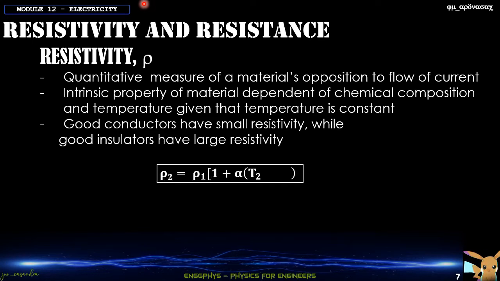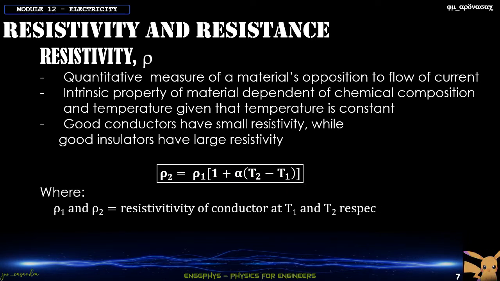Okay? So in that manner, resistivity can now be computed simply as ρ2 is equal to ρ1 multiplied by 1 plus alpha times T2 minus T1. Okay? So for ρ1 and ρ2, these are the resistivity of your conductor at temperatures 1 and 2 respectively.